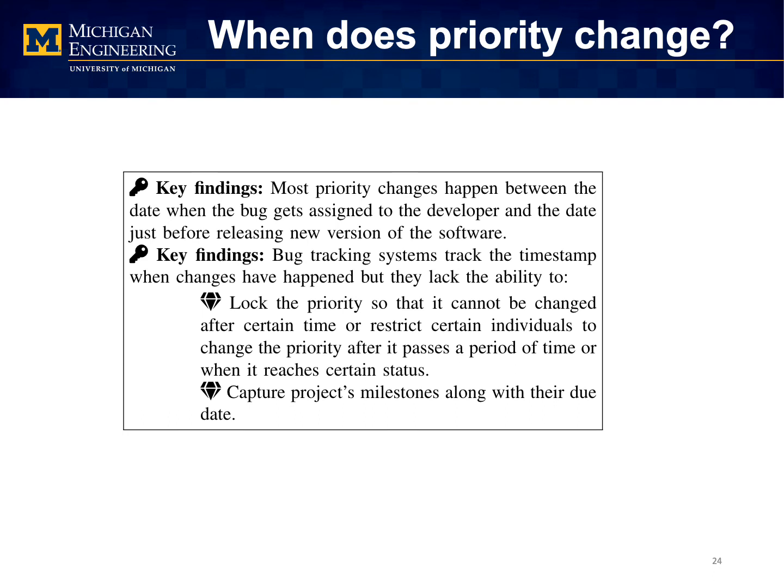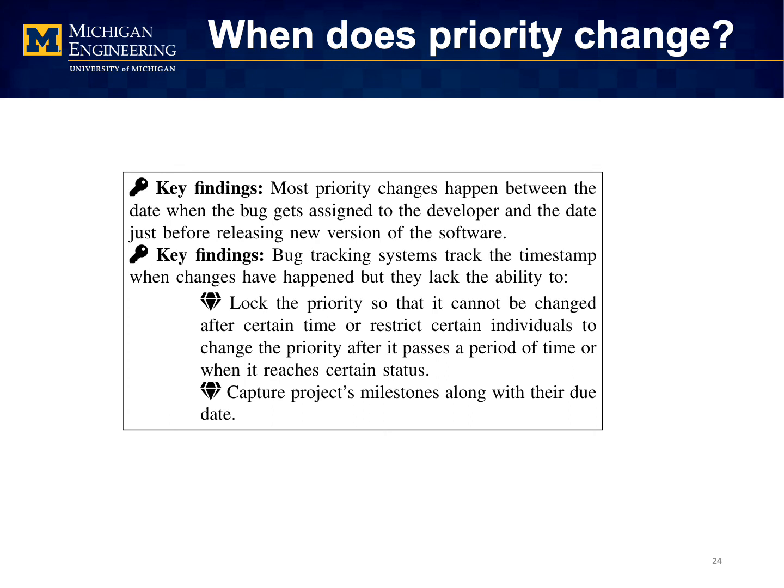Regarding research question number 3, when does priority change? We found that most priority changes happen between the date when the bug gets assigned to developers and the date just before releasing a new deployment.